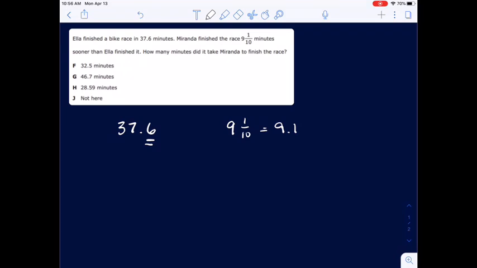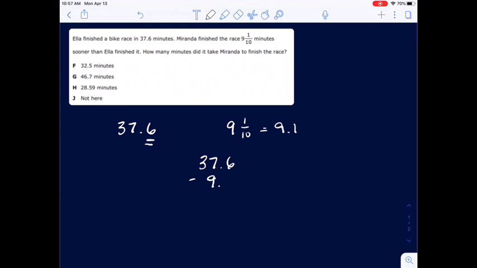If she finished the race sooner, her time must be lower than Ella's time. So I must need to subtract Ella's time minus the time that Miranda finished the race sooner than Ella.